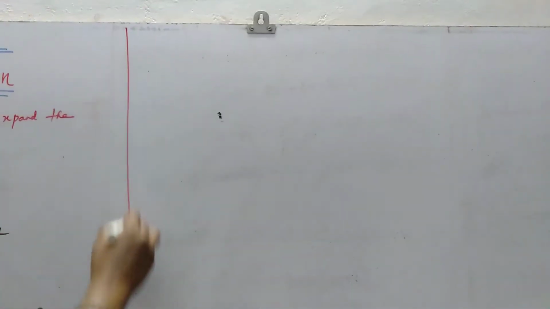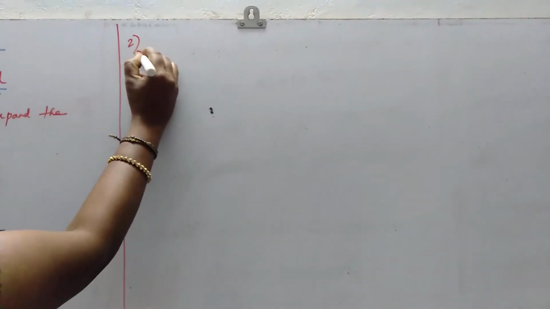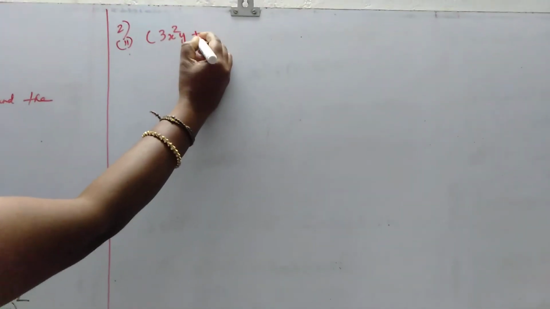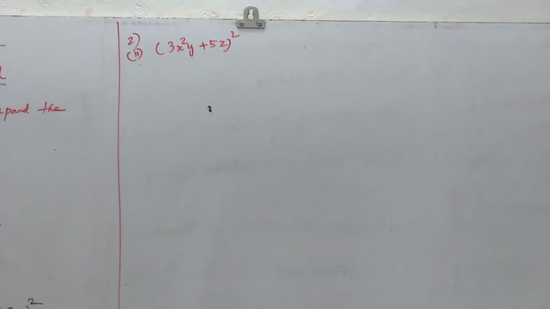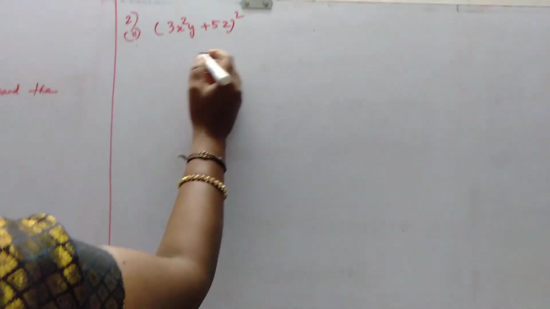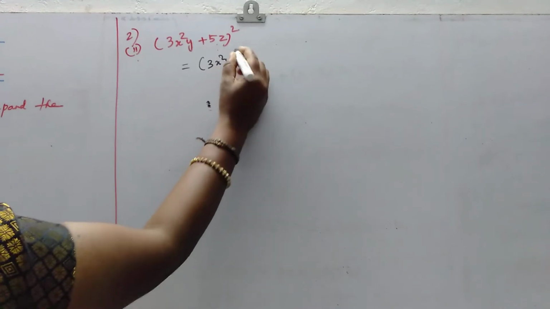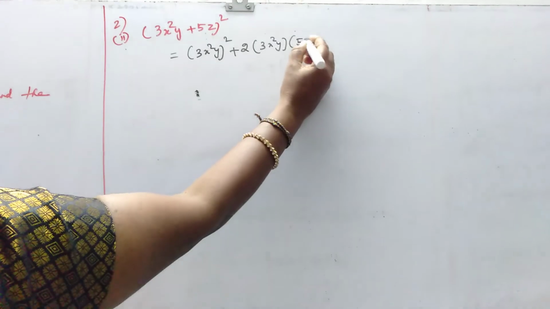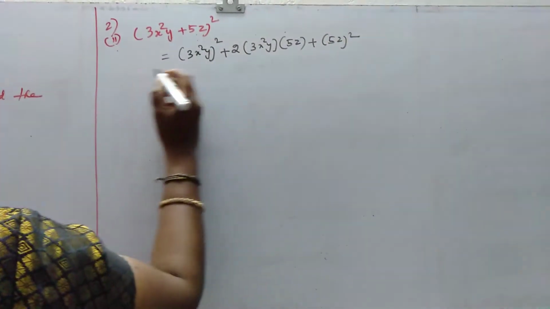Next, second subdivision, which is (3x square y + 5z) the whole square. This can be expanded in the form (a + b) the whole square, so a square plus 2 into a into b, then plus b square.